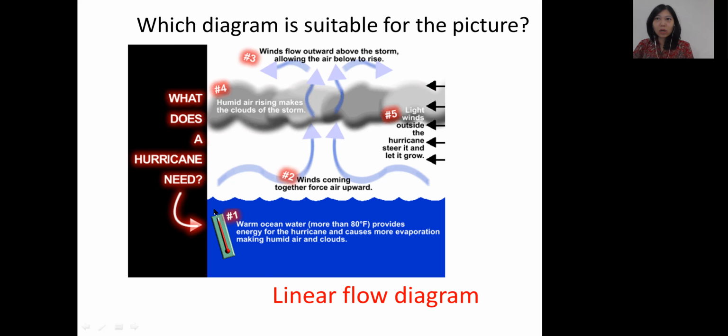The first step is the warm ocean water, and then the second step, the third step, fourth, and fifth. Only if all of these steps are completed, then there will be a hurricane. But if one of the steps is not there, the hurricane will stop. So that's how we represent this information in a linear flow diagram.